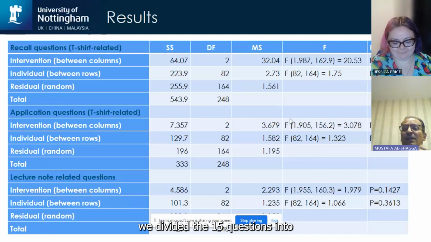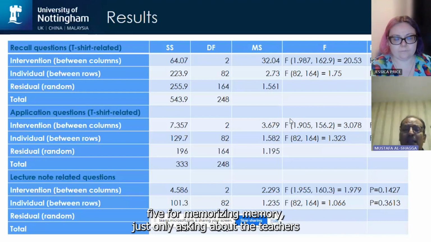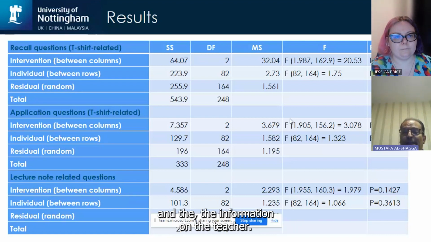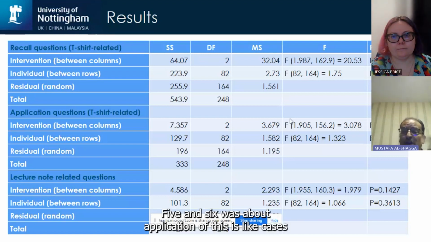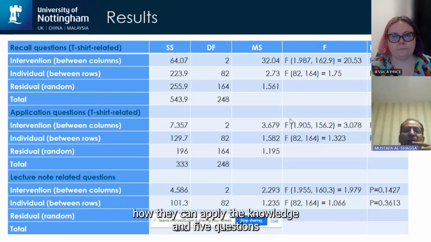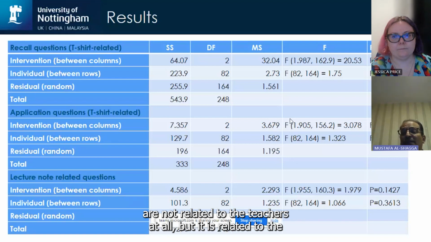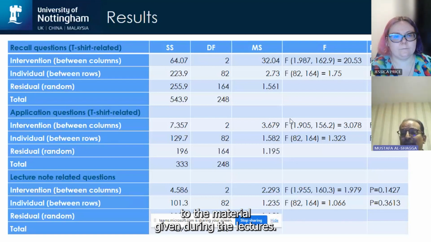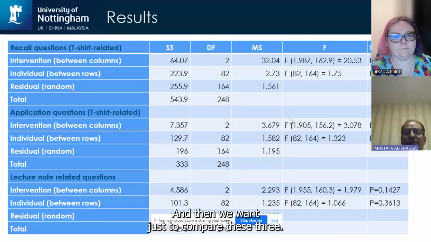We divided the 15 questions into 5 for memory, just asking about the teachers and the information on the t-shirt. 5 MCQs about application, like cases, how they can apply the knowledge, and 5 questions not related to the t-shirts at all, but related to the material given during the lectures. And then we just want to compare these 3.